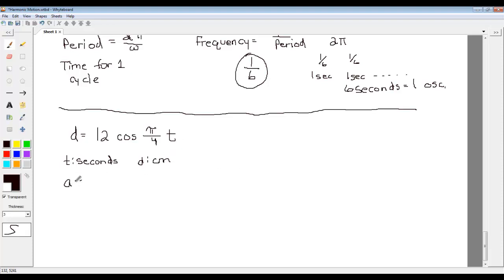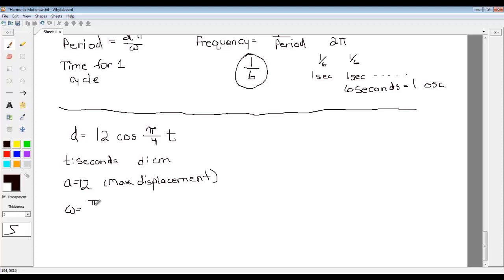In this problem, A is 12. That tells us the max displacement. So the absolute value of 12 is 12. So apparently this object, like if it was on a spring, is going to go 12 units up, 12 units down from equilibrium.